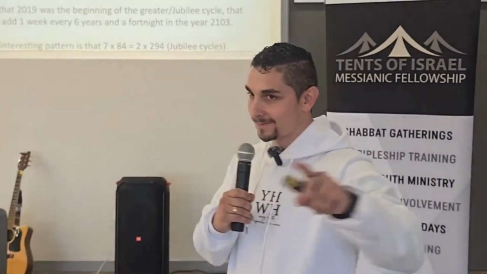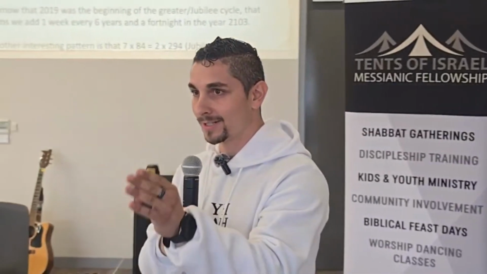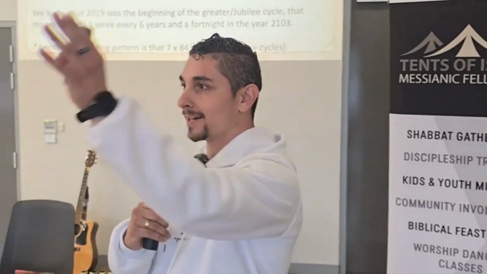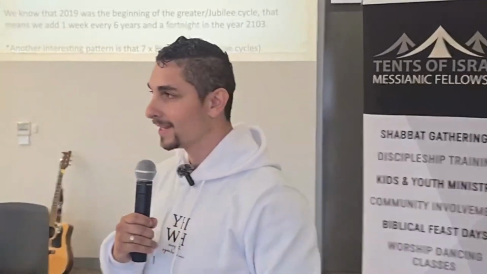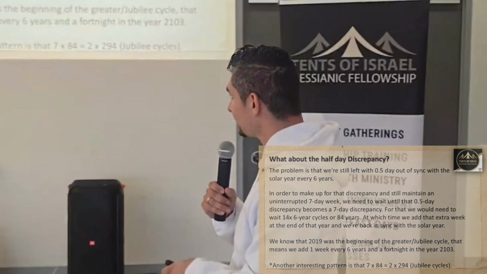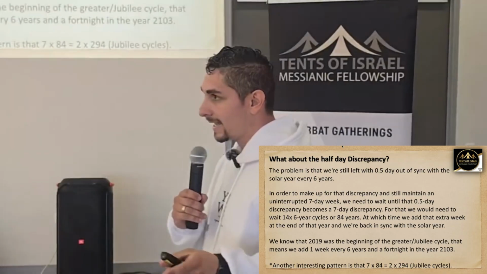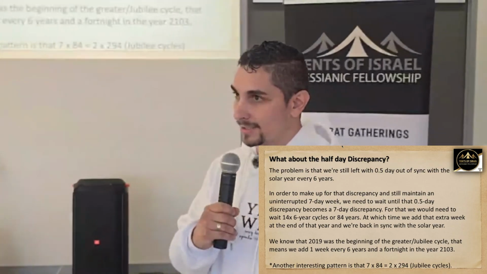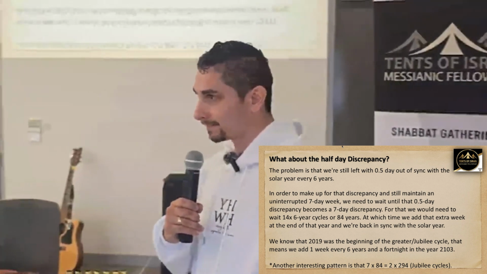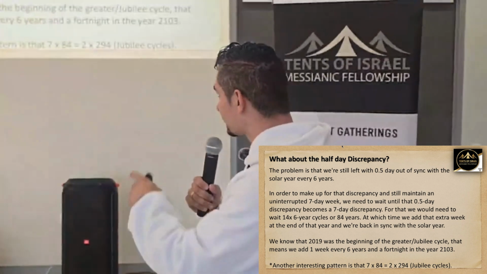Now, we know from last week that 2019 was year 1 of the Jubilee cycle, when everything reset. 2019, okay? That means we added 1 week when we started last year, in 2025 was year 1. So we added 1 week then.